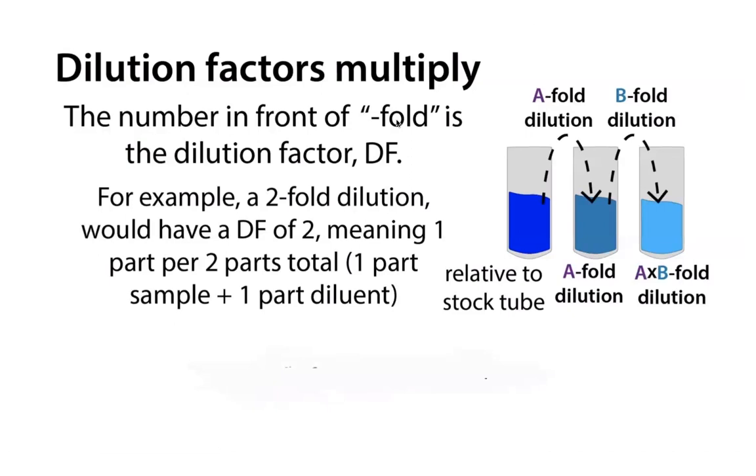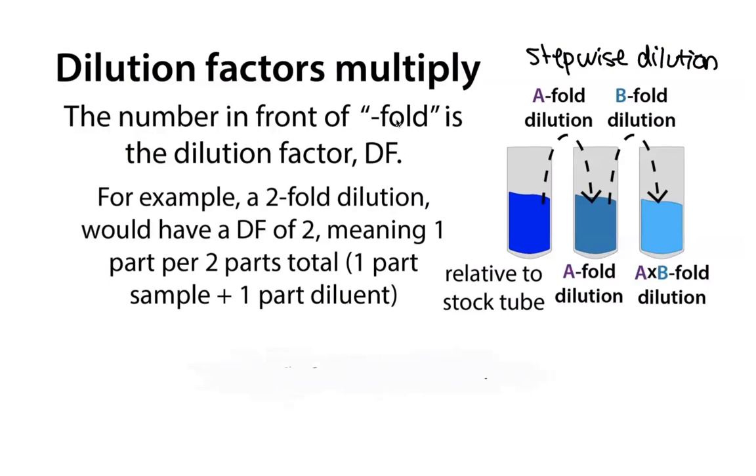Another thing to note about dilution factors is that they multiply by one another if you're doing step dilutions. This would be an example of a stepwise dilution, where you do one dilution and then use some of that first dilution to make a second dilution. In this case, the fold of the first dilution is multiplied by the fold of the second one.